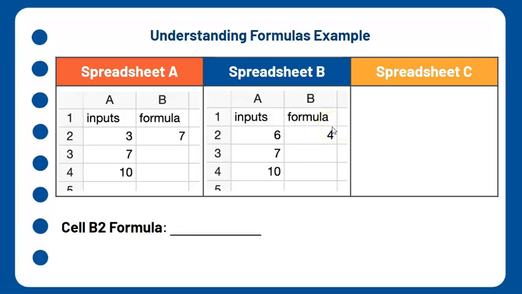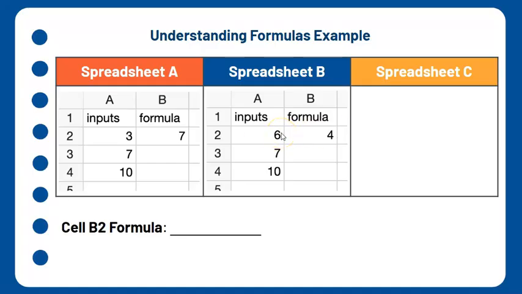In spreadsheet B, notice that cell A2 changed from 3 to 6. This changed the number in cell B2, so we know the formula in cell B2 does use cell A2.